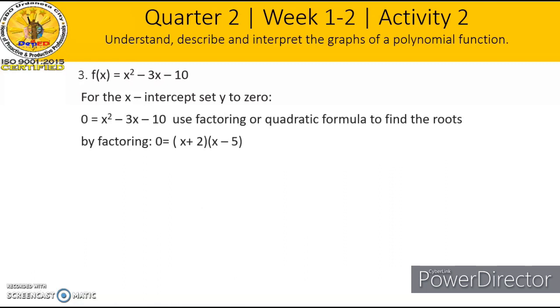By factoring, we have 0 is equal to the binomial x plus 2 multiplied by the binomial x minus 5. Equating it to 0, so we have x plus 2 is equal to 0, x minus 5 equals 0. We have the values x is equal to negative 2, x is equal to positive 5. So the x-intercepts are negative 2 and positive 5.